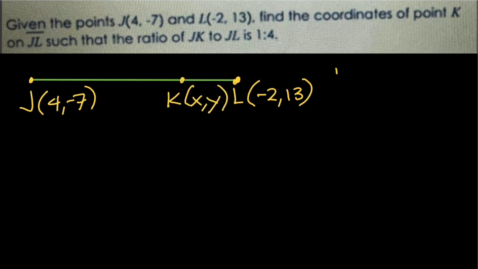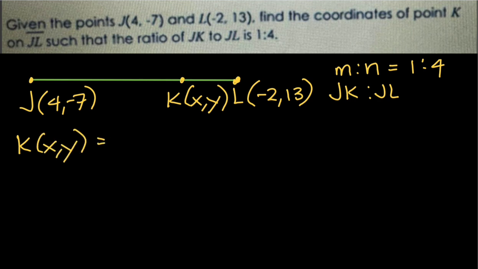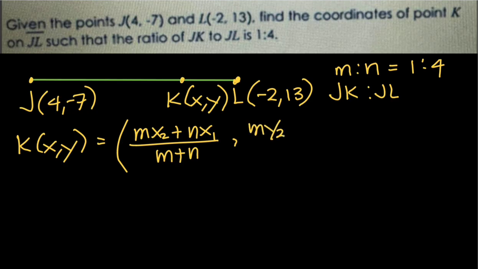And we're given here the ratio m is to n, which is 1:4, from the ratio of JK to JL. Then we can use the section formula again for this. So point K with coordinates x, y is equal to m x sub 2 plus n x sub 1 over m plus n, and m y sub 2 plus n y sub 1 over m plus n.